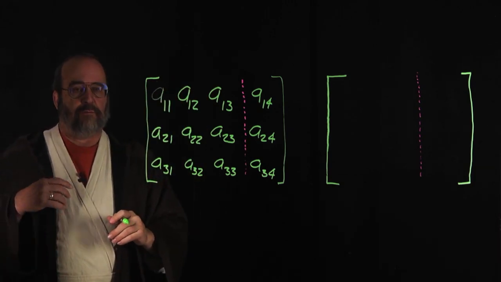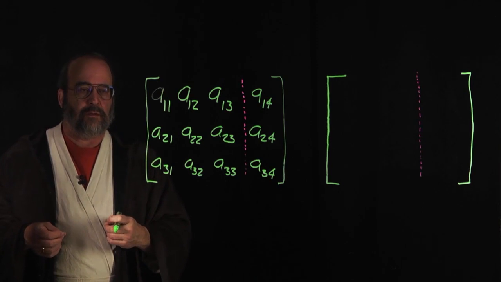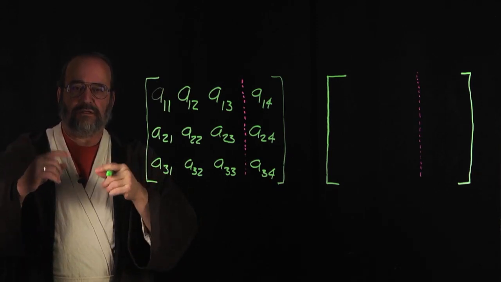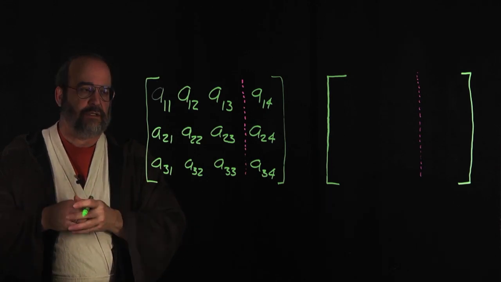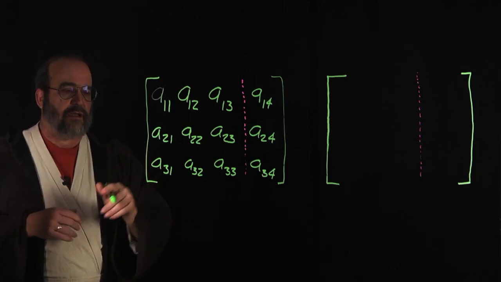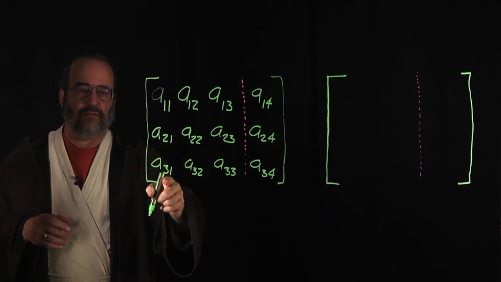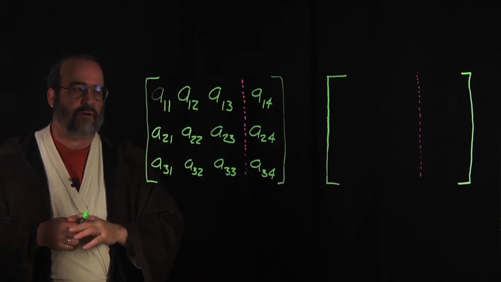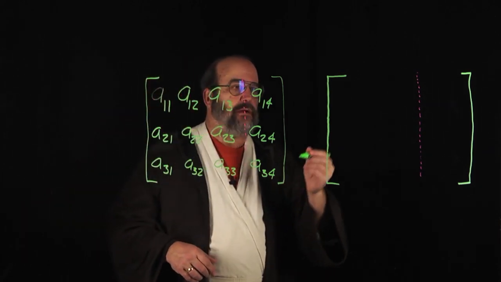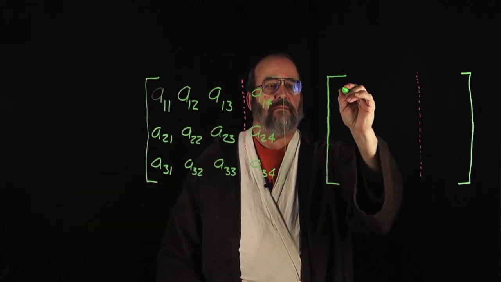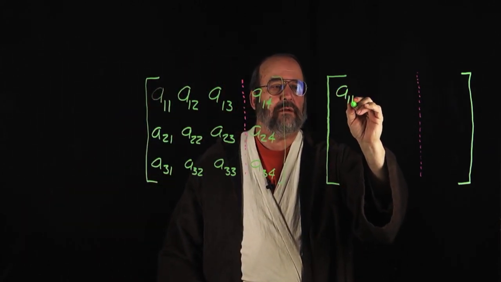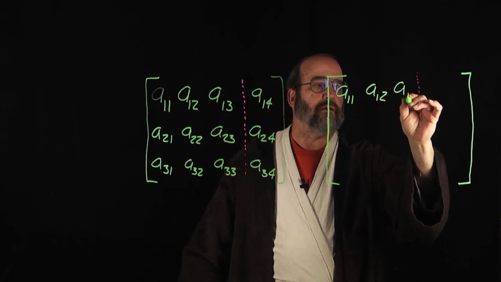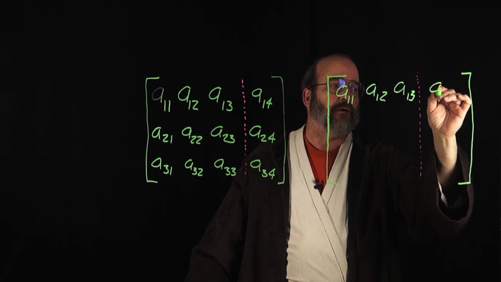Now, for the upper triangular form, the first thing we want to do is use those three manipulation steps, those three operations we can do to a matrix, to get a21, a31, and a32 to all be zeros. So we need to end up with a11, a12, a13, a14.